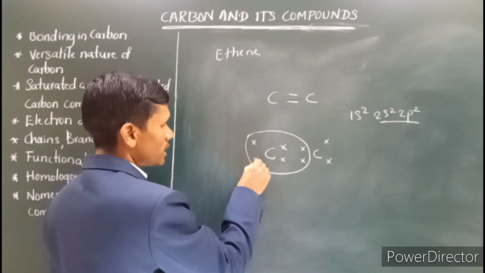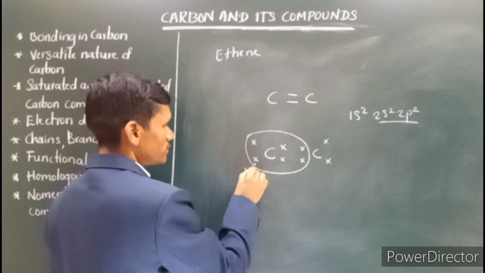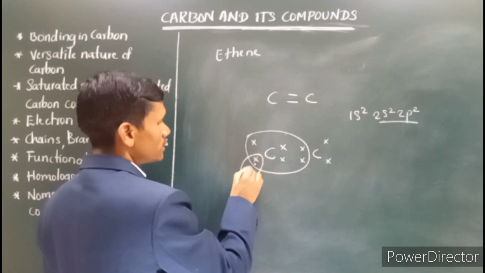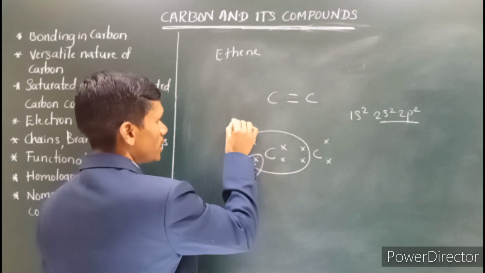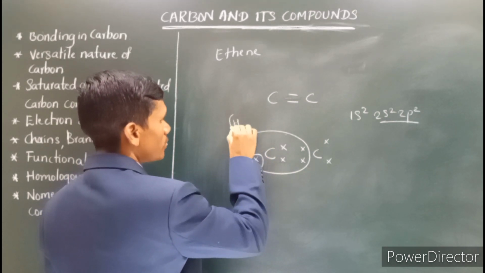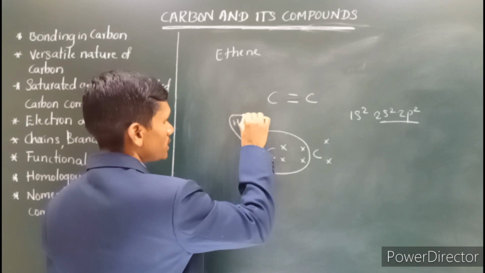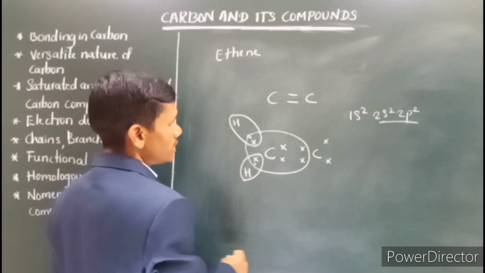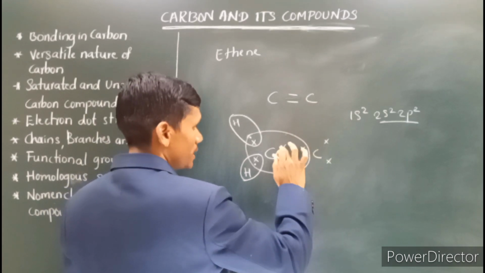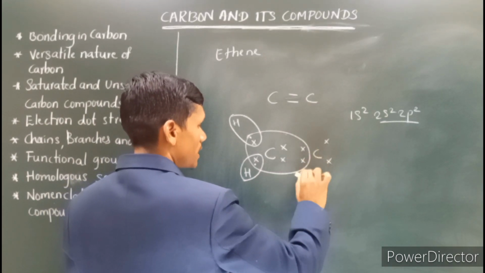Here one hydrogen comes and gives 1 electron, making a single bond with carbon. And here one more hydrogen comes and gives 1 electron, also forming a single bond with the carbon, right? Next, in this case also, this pair of electrons is shared by this carbon atom.